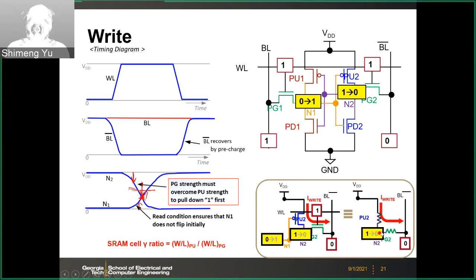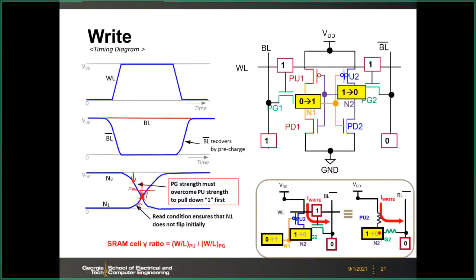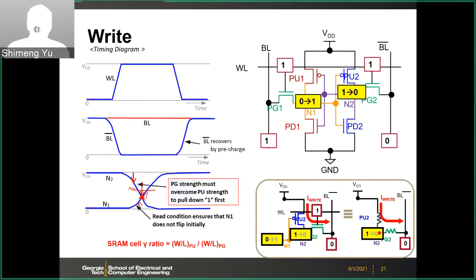So in other words, in terms of the conductance, PG2 should be stronger than PU2. And we know the conductance is related to the current drivability, and current is proportional to W over L.